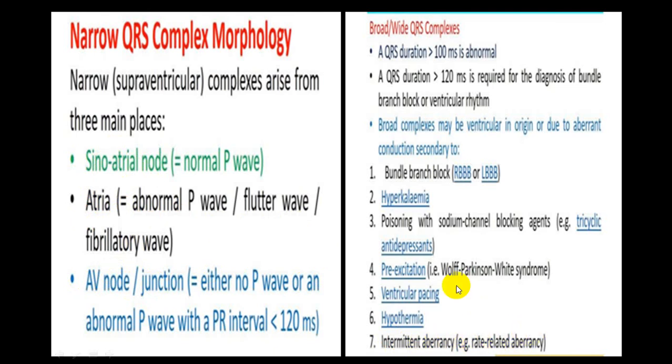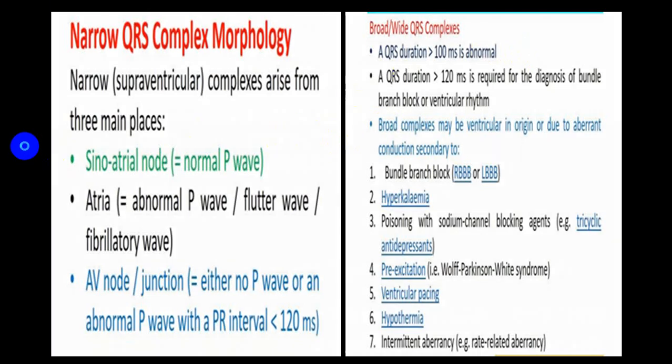This will produce a broad QRS complex. But if all the criteria of right and left bundle branch block are met, but the QRS duration is 0.1 second and not more than 0.12 second, then it is an incomplete bundle branch block.